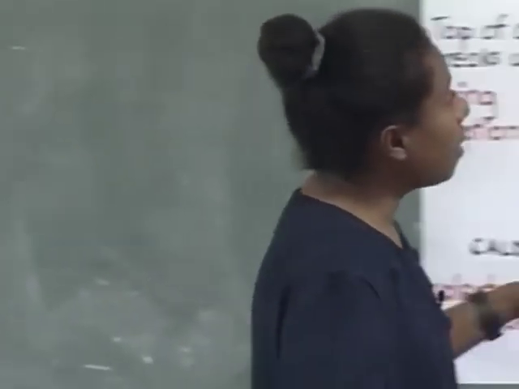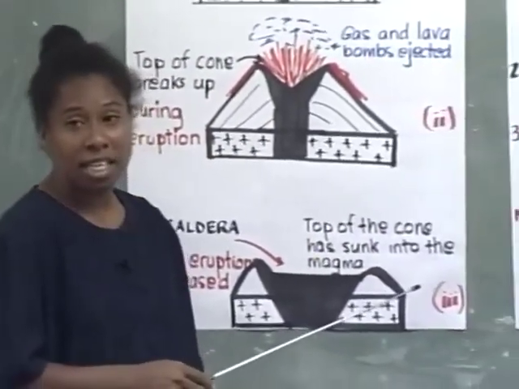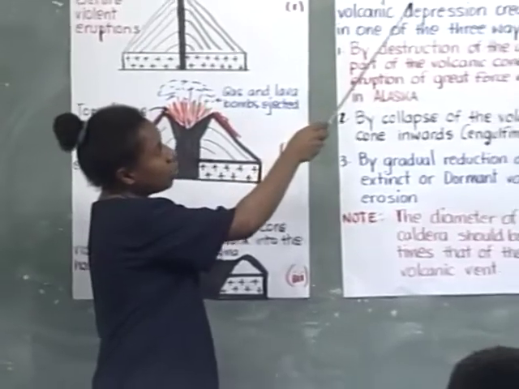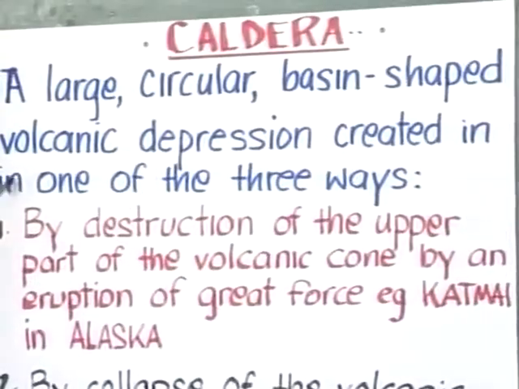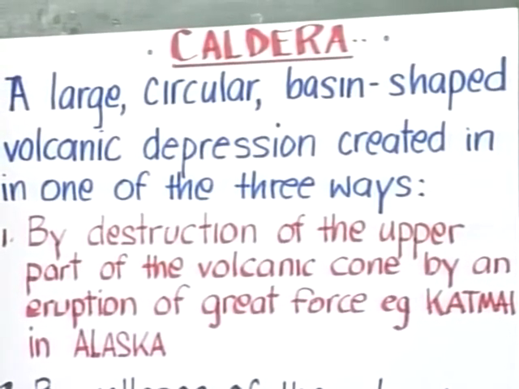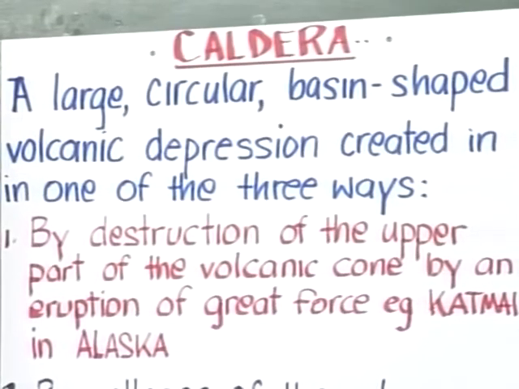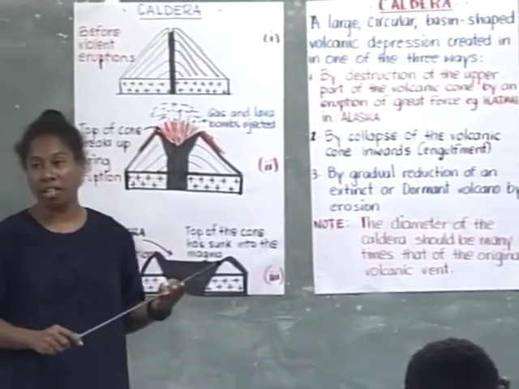Okay, we're looking at the definition now from the chart. From the chart, it tells us that a caldera is a large circular basin-shaped volcanic depression created in one of three ways. We must make sure that we do not get the definition of a crater confused with the definition of a caldera.